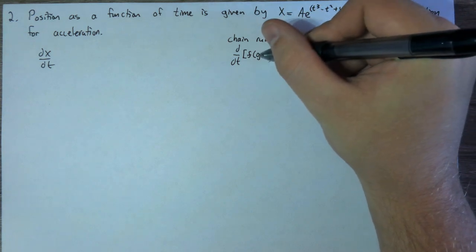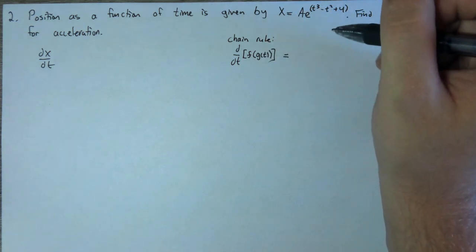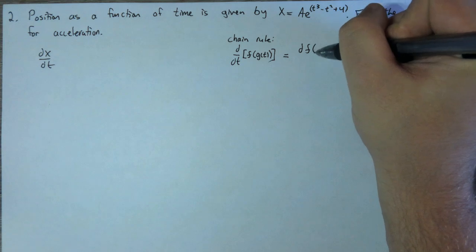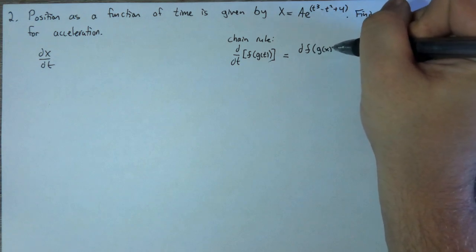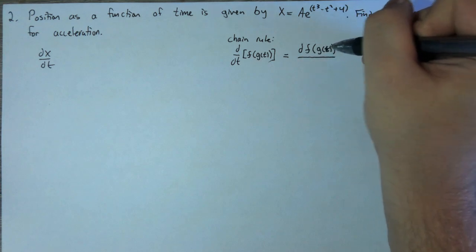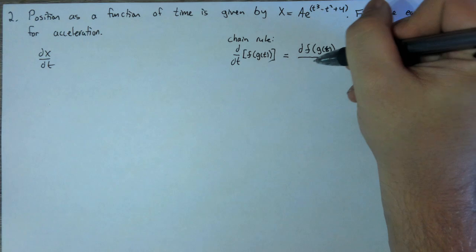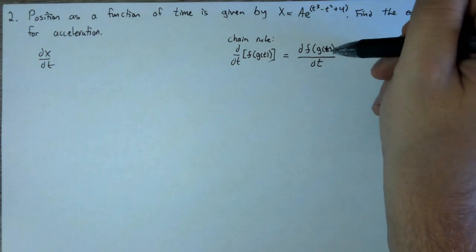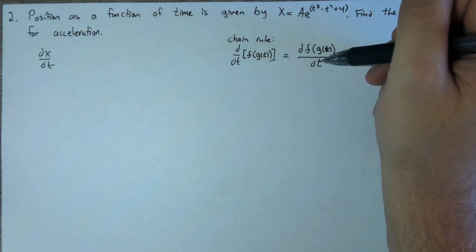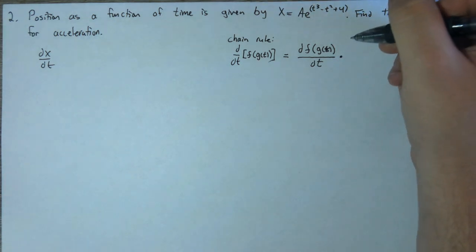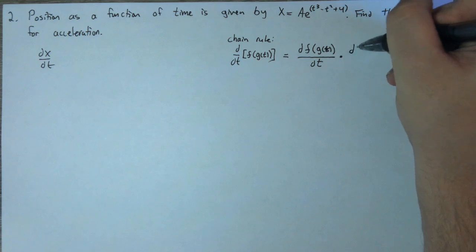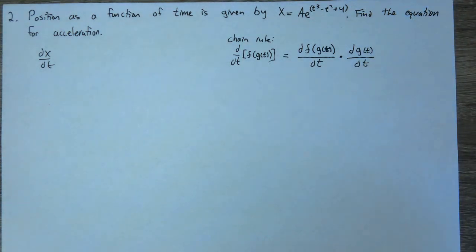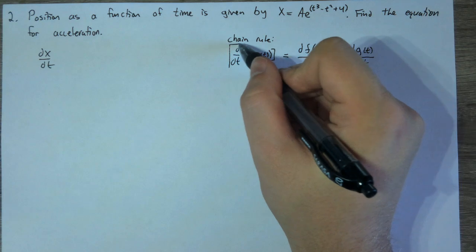But if you have a function with another function inside of it, how you find the derivative of that is you take the derivative of the outside function and leave, that's a t, leave the inside function alone. So you take the derivative of the outside function, forget the inside function exists, and just take that derivative. Then you multiply the derivative of the inside function. And so that is what we call the chain rule.